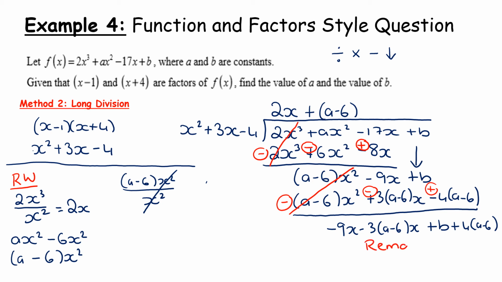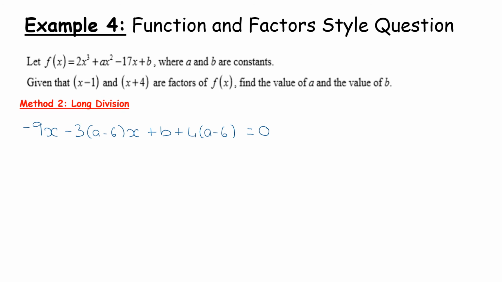And because we know that x minus 1 and x plus 4 were both factors, and then that x squared plus 3x minus 4 was a factor, we know that the remainder should equal 0. So we're going to let this equal 0 and then solve. So letting the remainder equal 0 gives me this. Now you'll notice how we have x's, a's, and b's. So what we actually have here is an identity. So we're going to split this up into x terms and non-x terms. That's the only way we're going to be able to solve it.